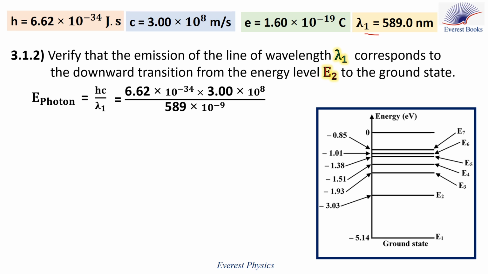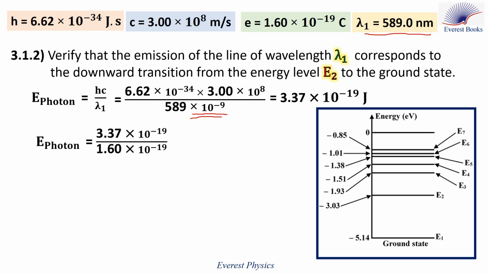Remember, lambda 1 is expressed in nanometers, so we should convert nanometers into meters by multiplying by 10 to the power minus 9. After finding the energy of the photon, let's calculate this energy in electron volts. This is done by dividing the photon energy by 1.60 times 10 to the power minus 19.